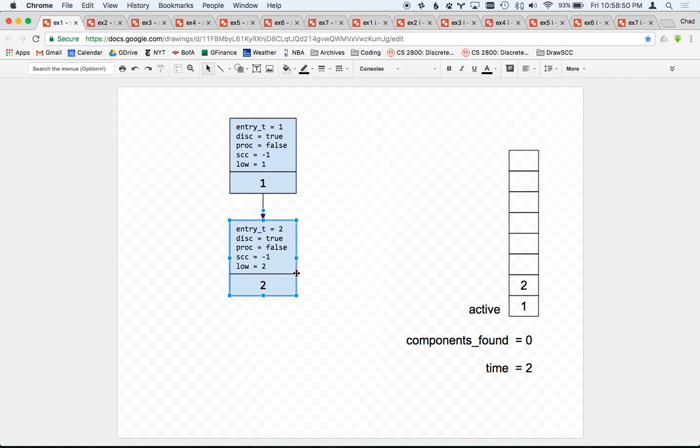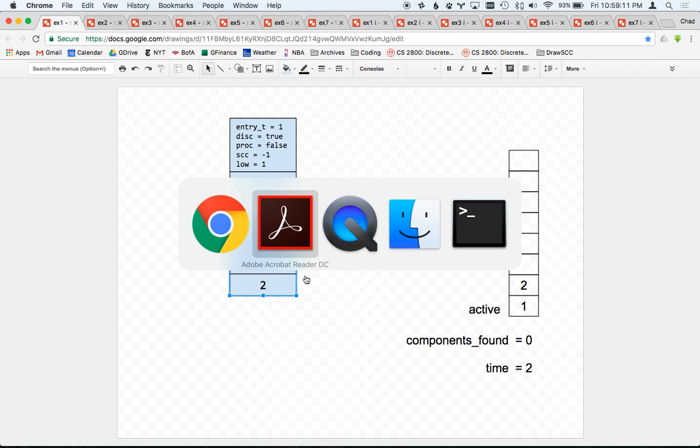Now, following our general procedure, once we enter a vertex and discover it, our next step is to explore all of the edges out of that vertex, but there are no edges out of vertex 2. So we are done with vertex 2, or at least exploring all of its edges, and now we have to process it late, following this procedure given in Skiena.